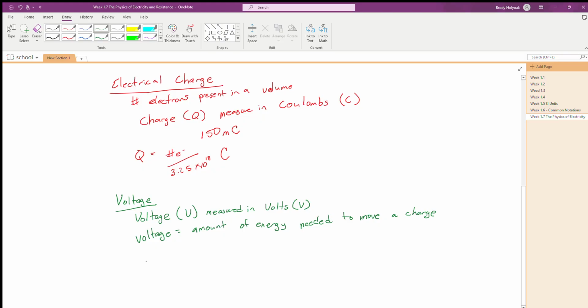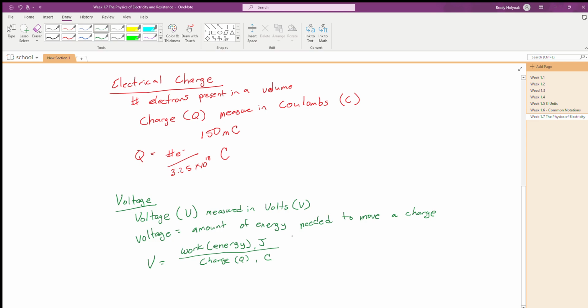The way that we get this formula is voltage is expressed as the work or energy measured in joules divided by the charge, which is Q, measured in coulombs.